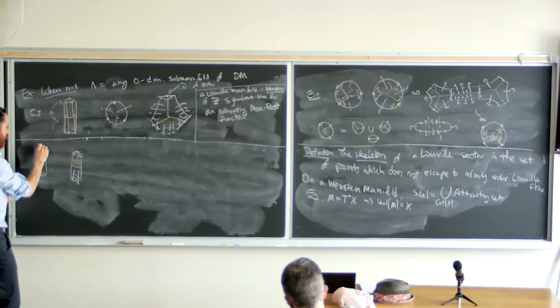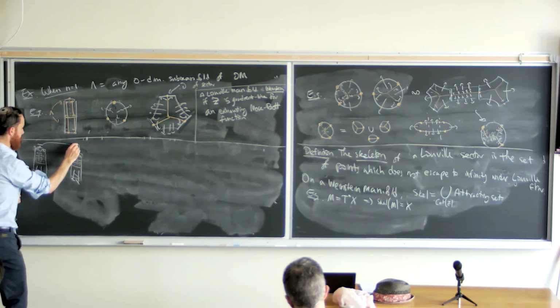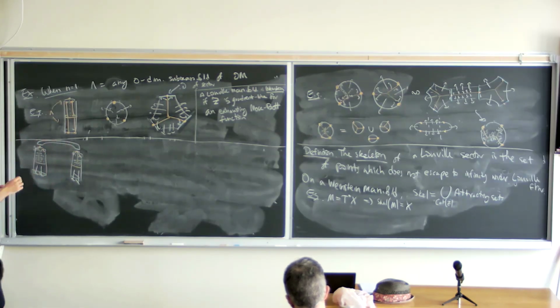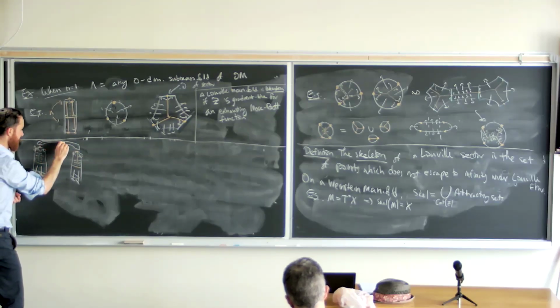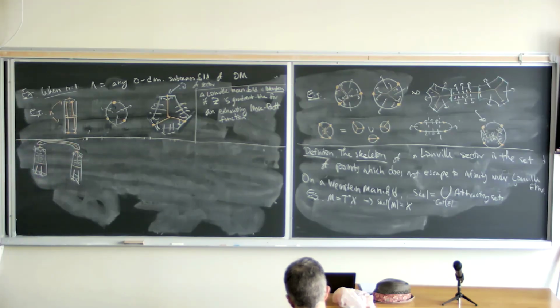And then I can glue these together by just attaching this little guy here, which again is a disk with two stops, a basic Weinstein handle attachment. So I'm attaching this disk with two stops here, which has the standard T star of (0,1) Liouville vector field.